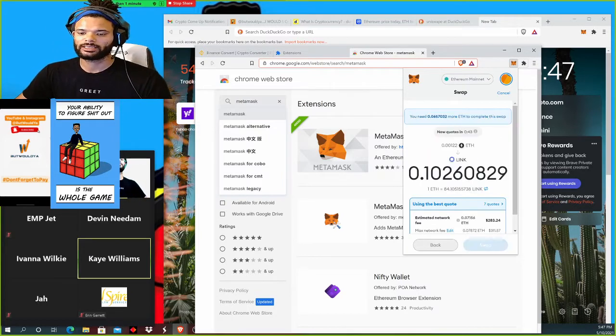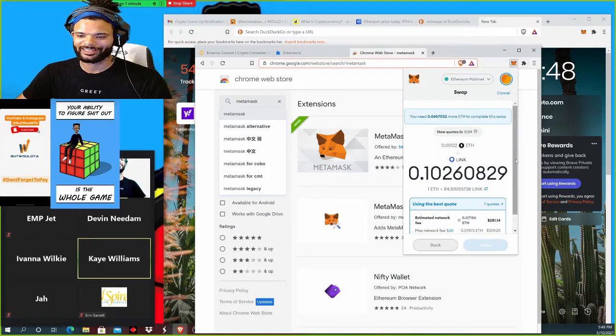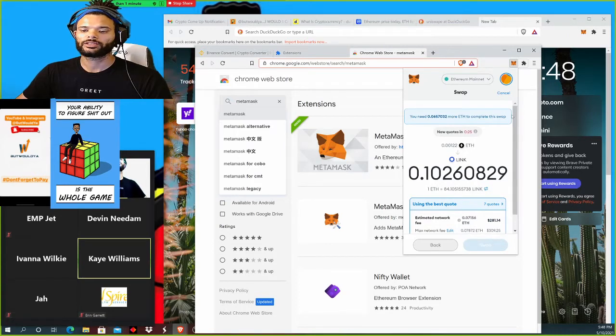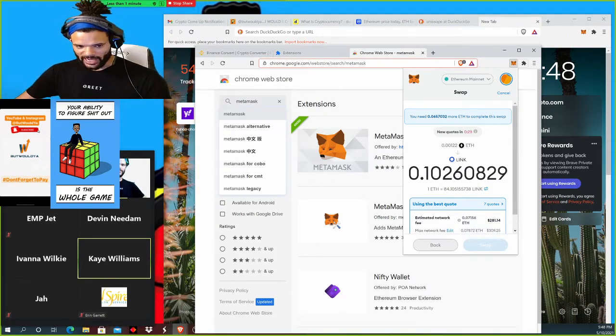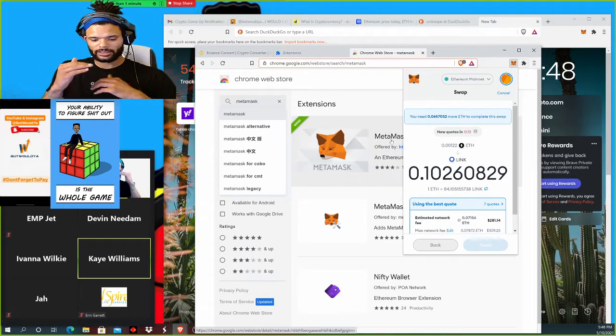But the problem with this is it charges, look at this, $283 for me to change $1.04 or something I put in there. Like, that's crazy. It's called a gas fee. So a decentralized platform such as Ethereum works off of something called node validators. A node validator means that inside of Ethereum's blockchain, they got to complete all these transactions, right?